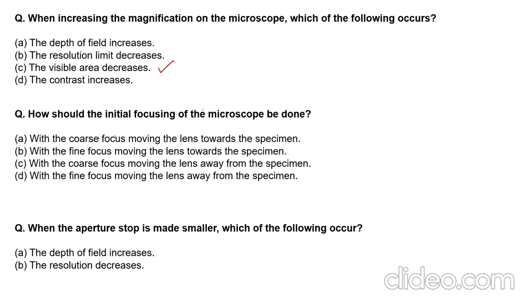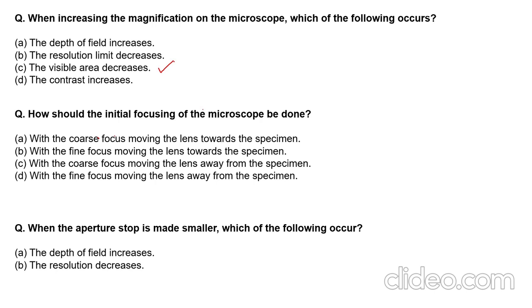When you are focusing any object or any surface, you are actually changing the distance between the objective lens and the sample height. So should the initial focusing be done with coarse focusing, moving the lens towards the specimen, or with fine focusing, moving the lens towards the specimen? The third option is coarse focusing moving the lens away from the specimen, and the fourth option is fine focusing moving the lens away from the specimen. So which of these options is right?